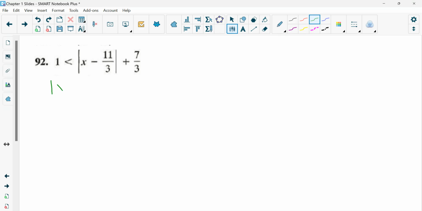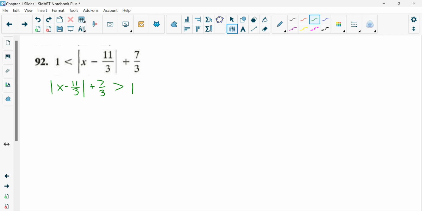That's what I always recommend you doing first, making sure your x is on the left. And remember, the alligator is biting the absolute value side, so when I rearrange our sides, the alligator still needs to be biting that absolute value side.